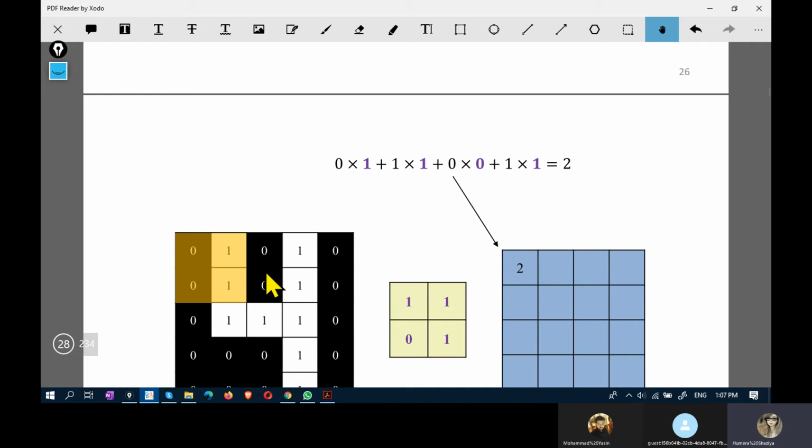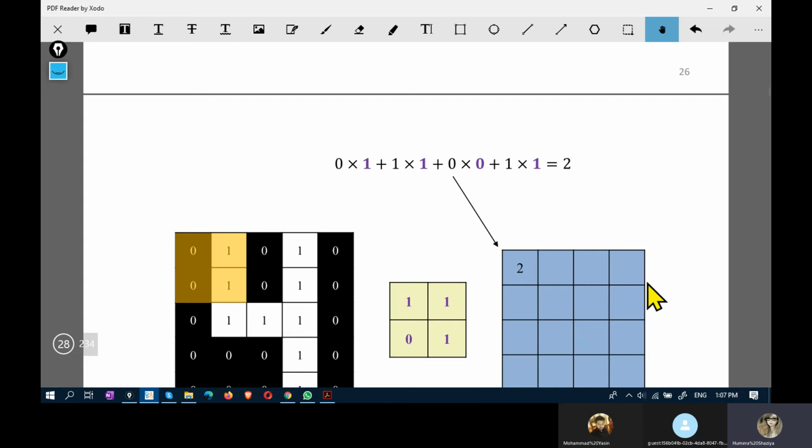If you don't understand, you can interrupt me and ask. All this is extremely important for you to understand. This is our filter or kernel. This is our image.